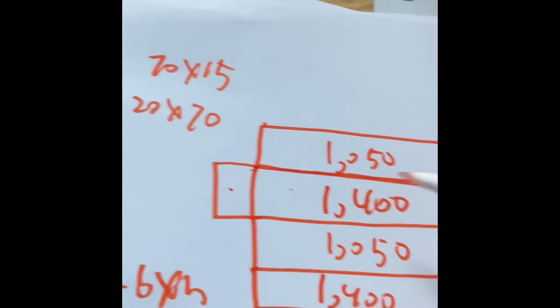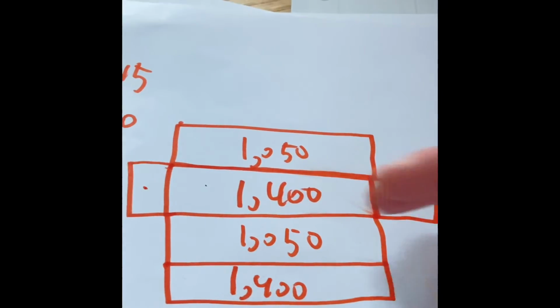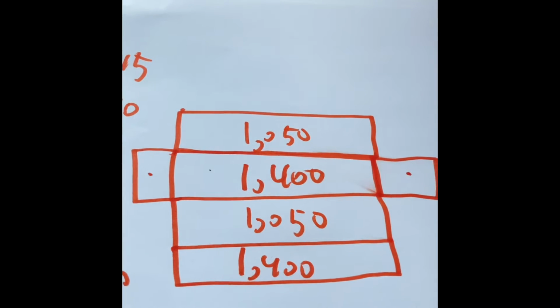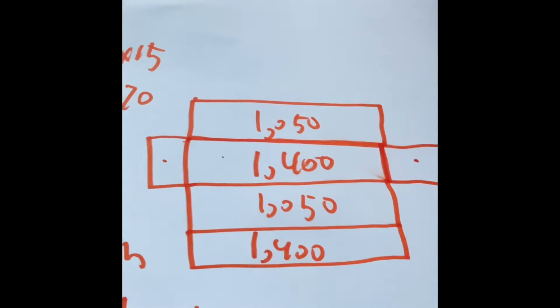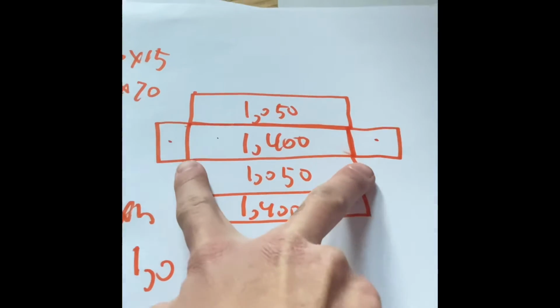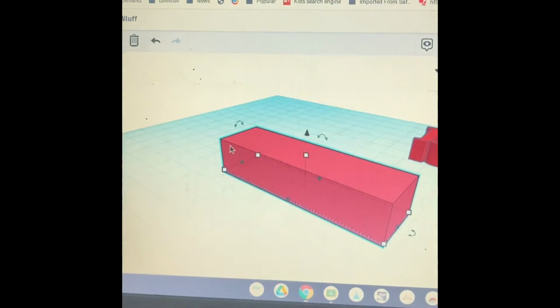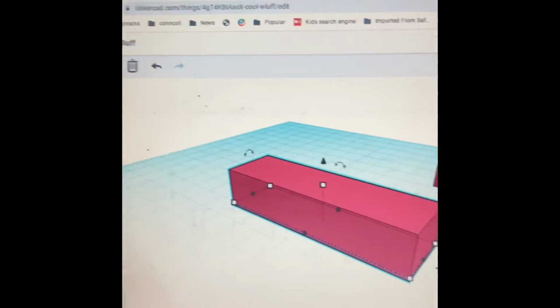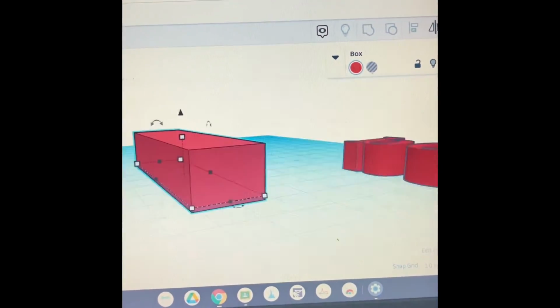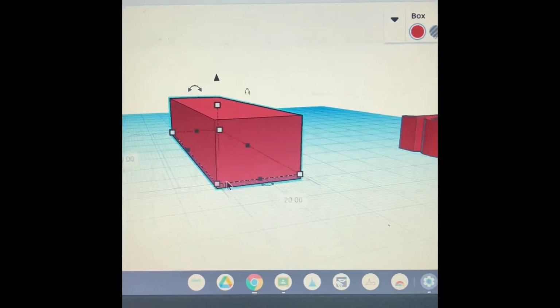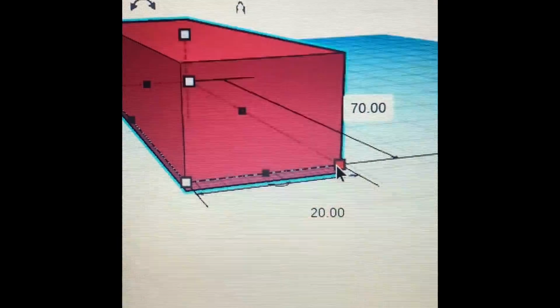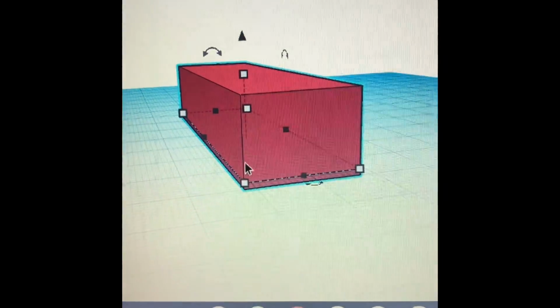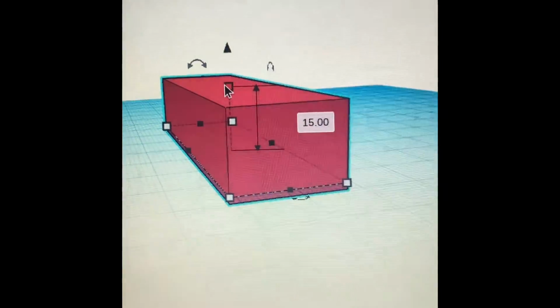The last step is to find what this is and what that is. Then when we add up all the numbers, we'll get our surface area in millimeters. To find the last two areas, we look here and over here, moving to the right. Let's look at the dimensions. From here all the way to there, it is 20 millimeters, and from the bottom to the top, it is 15 millimeters.